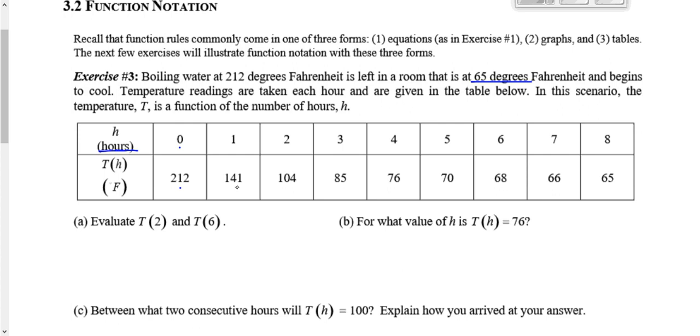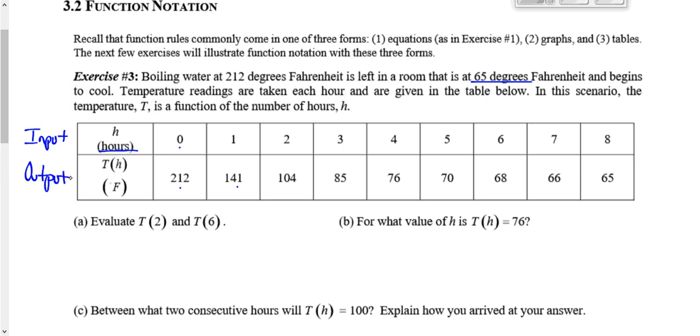All right. So this is a function, right? In this table, what would you say are the inputs? The hour. So the input is the hour, and the output would be what? Temperature. Right?